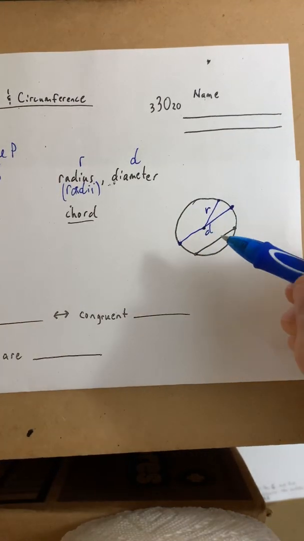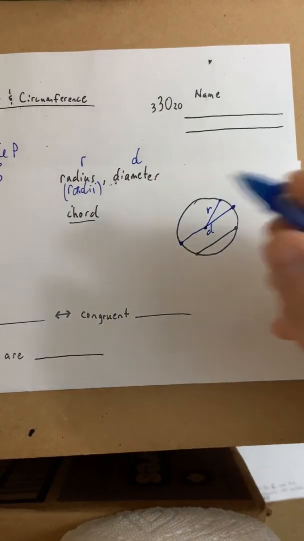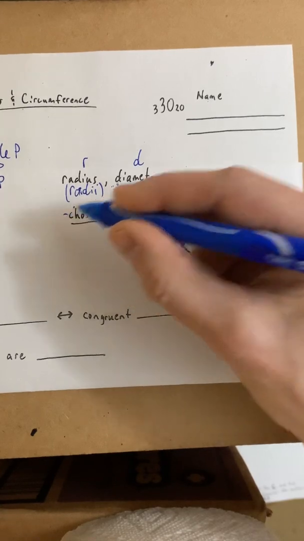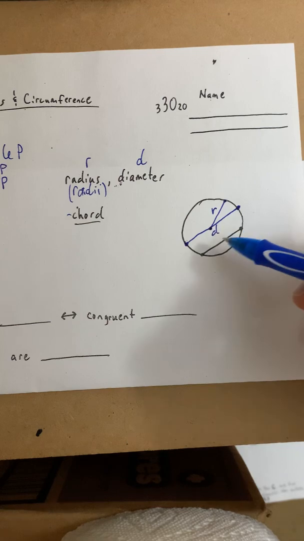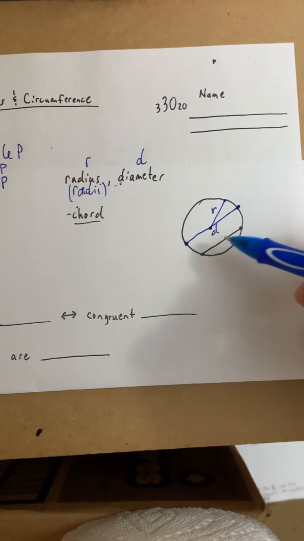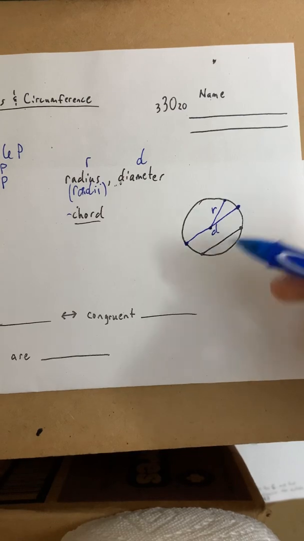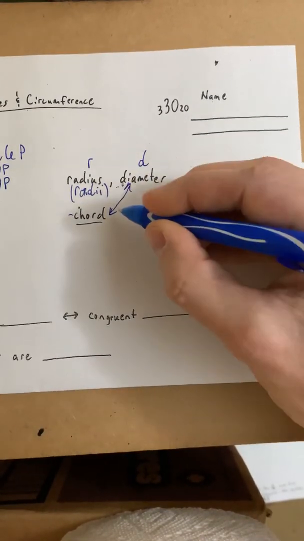Now, this is a segment between these 2 points. This is what we call a chord. So a chord is something like this. It's a segment that goes from one point on the circle to another. Now you'll notice the diameter also does that. So the diameter is a type of chord.